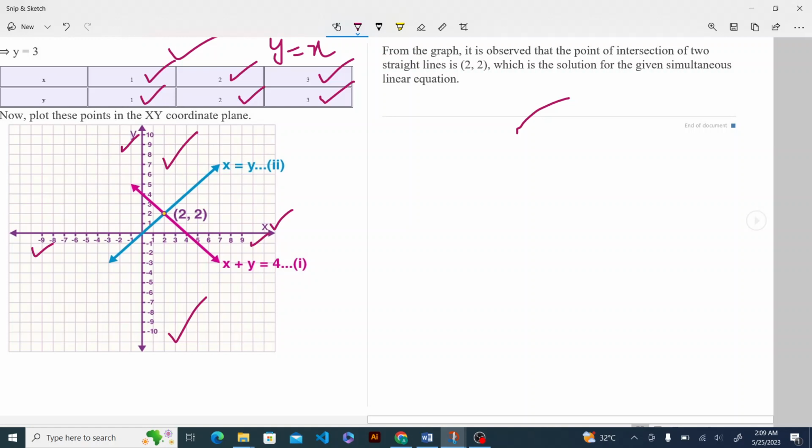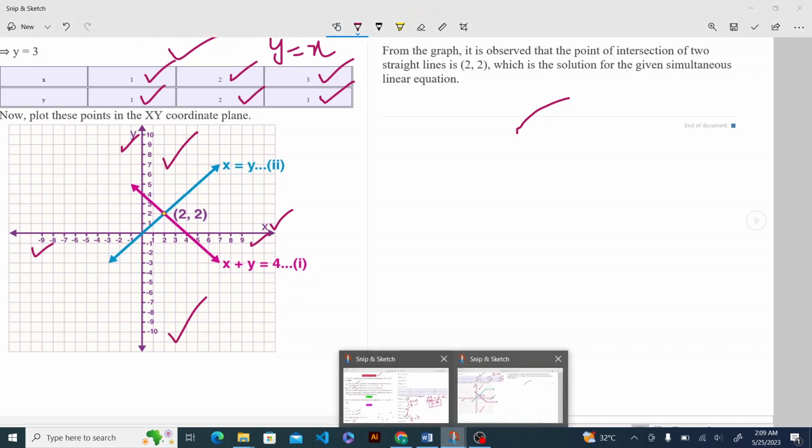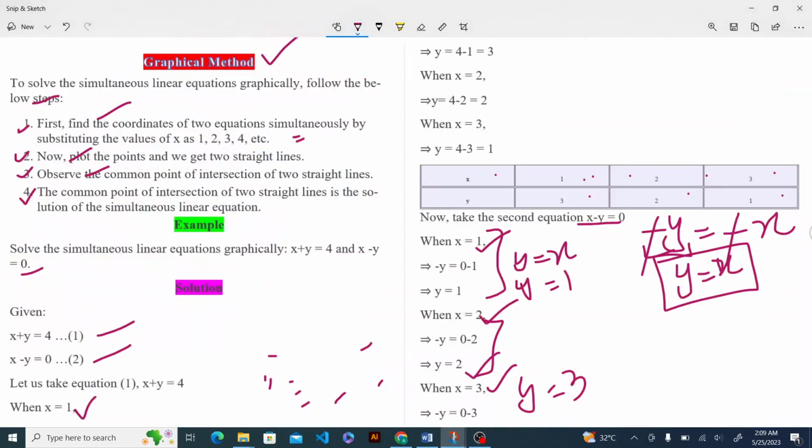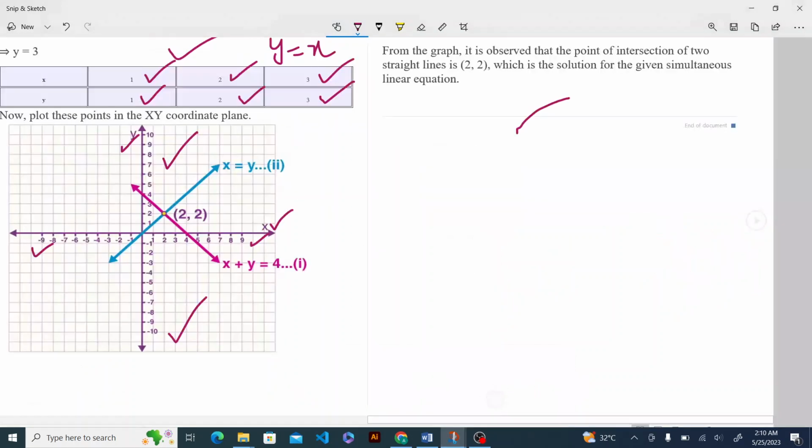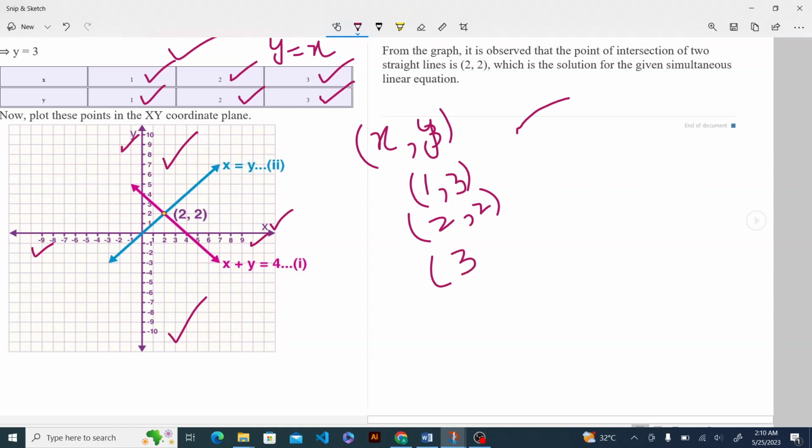in our first equation, the values were 1 3, 2 2, 3 1.